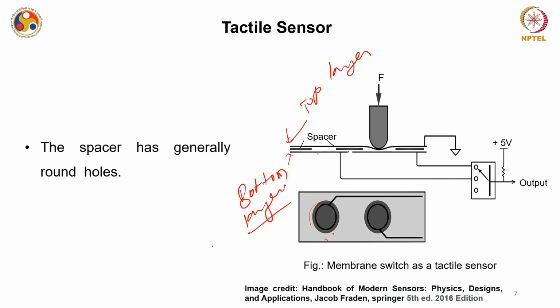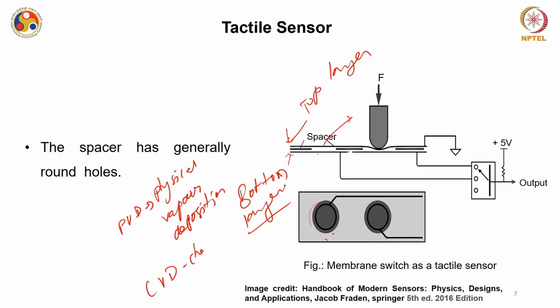The top layer is usually fabricated by some deposition technique. We have discussed deposition techniques briefly; there are various methods of deposition. You have PVD methods, which is physical vapor deposition, and you have CVD, chemical vapor deposition.